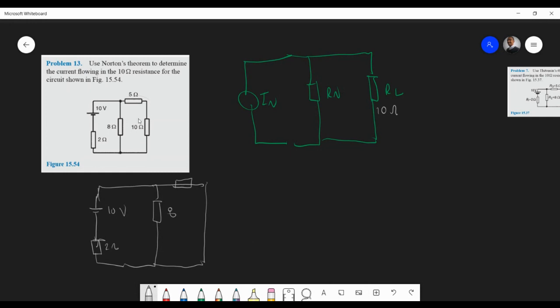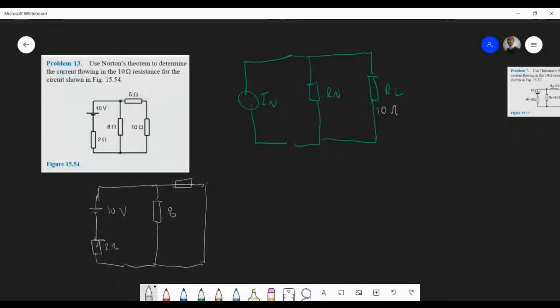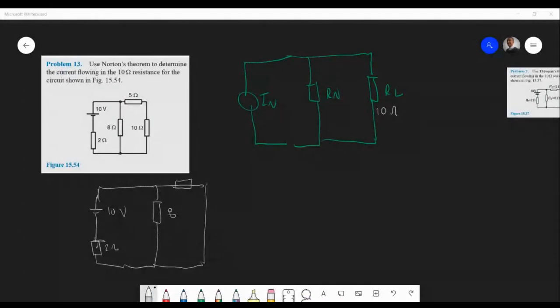So we're shorting this branch here. Becomes parallel with the 8 ohms. Are you sure about that?